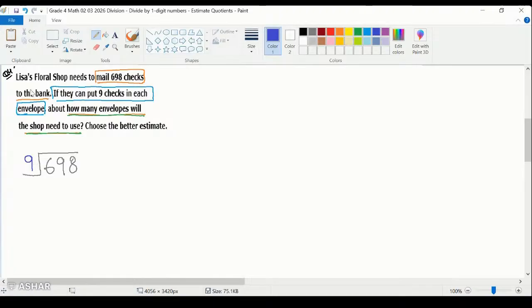But can a number nearer to 60 be divided by 9? Let's say 9 times 9 would be 81. 9 times 8 is 72. You cannot use that.